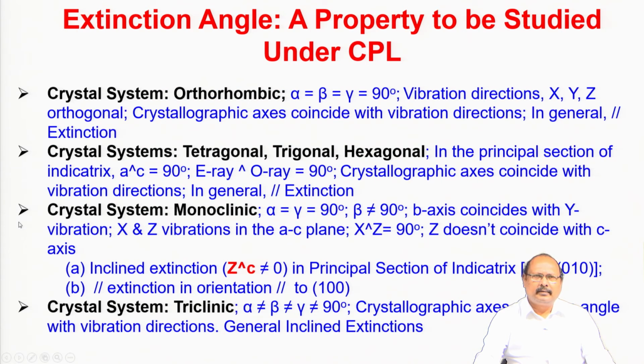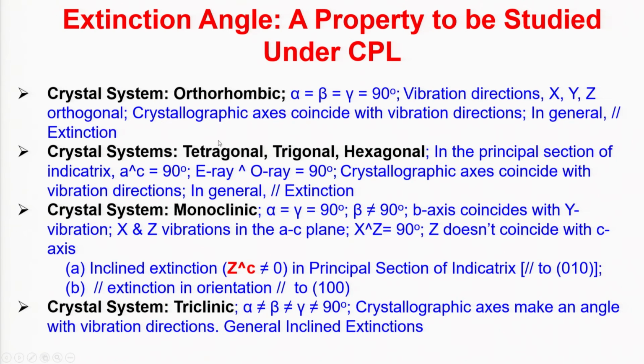Now, let us see the basic principle behind this categorization of minerals showing straight extinction or inclined extinction. So, in orthorhombic crystal system, you know that alpha is equal to beta is equal to gamma is equal to 90 degree, and the vibration directions x, y, z are of orthogonal orientation. Immediately you can understand that the crystallographic axis coincide with the vibration direction. So, that is why the angle is 0.